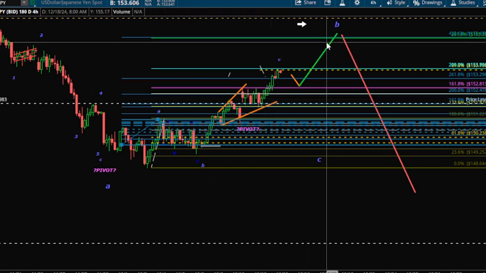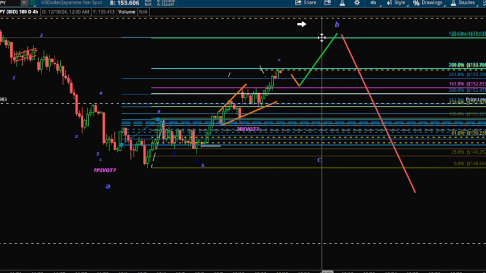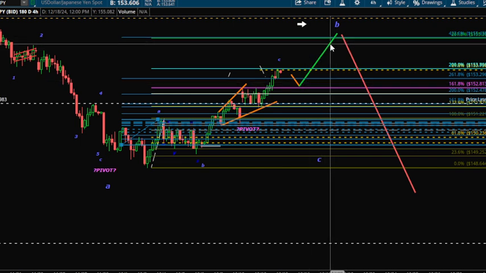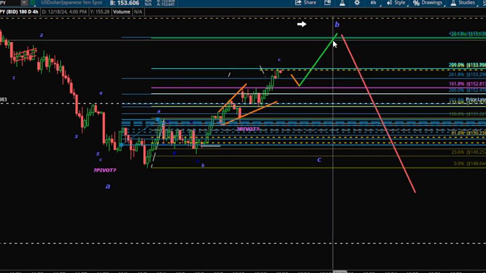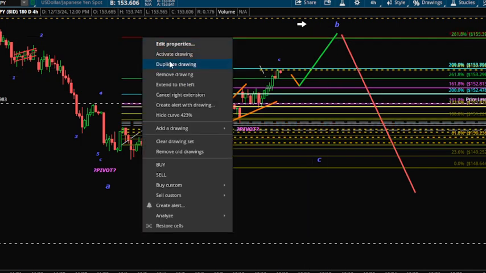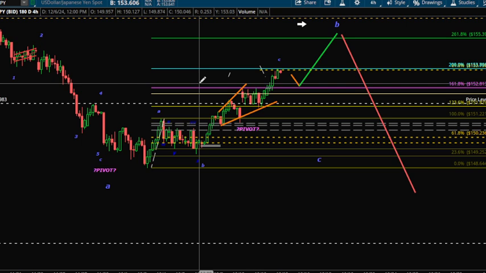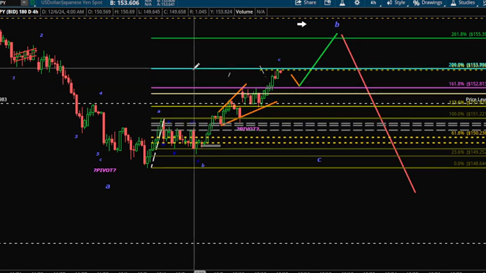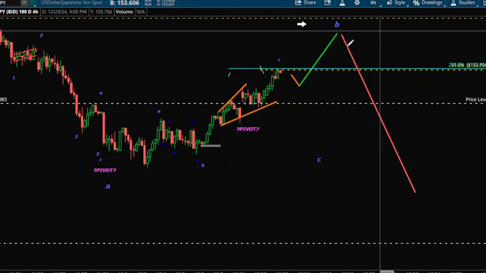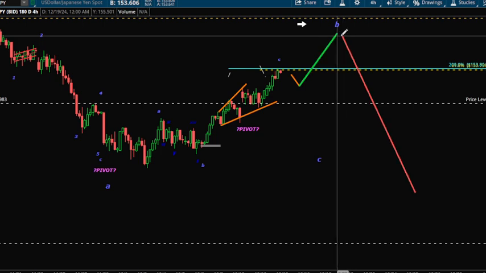And that puts us back up here then at 155.413. And this is what this little bull green line is. So I think that will overlap with the 76.4 fib.